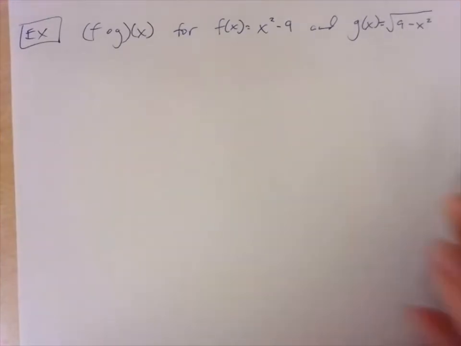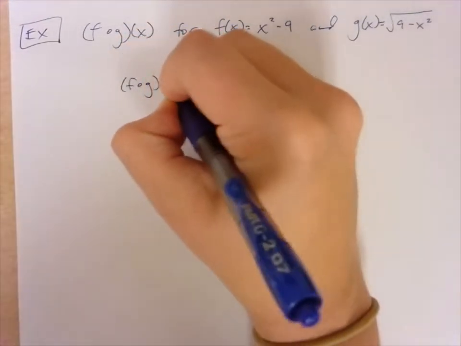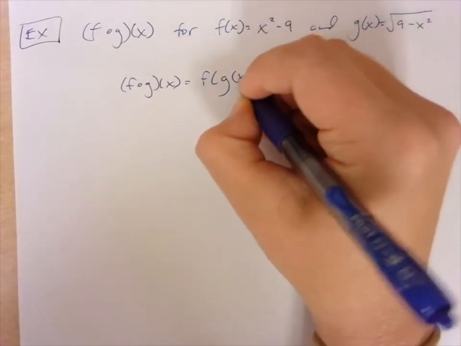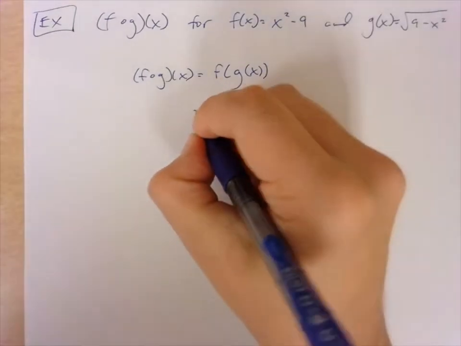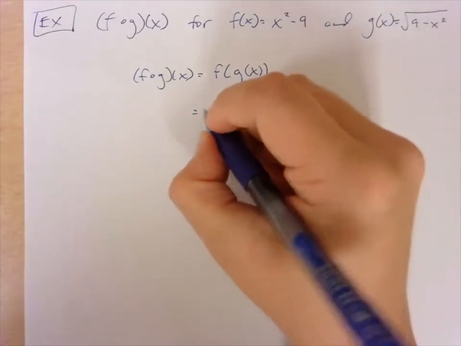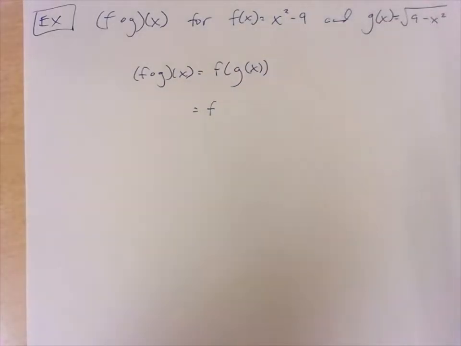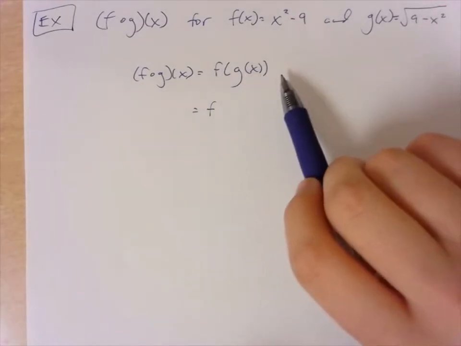Okay. So we would begin by writing f of g of x and noting that what this means in words is that it's the function f in terms of g of x.